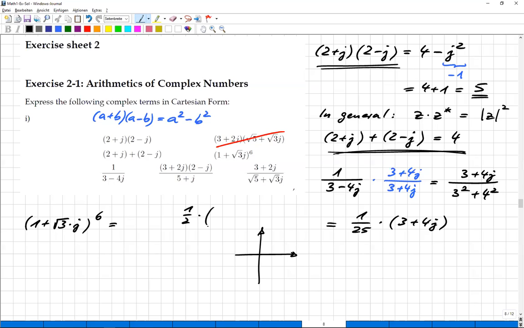No, that's wrong. I wanted to draw factor 2 outside, and so now it's 2 times, inside is 1/2 plus square root of 3/2 times j. Why am I doing this? Do you have an idea?